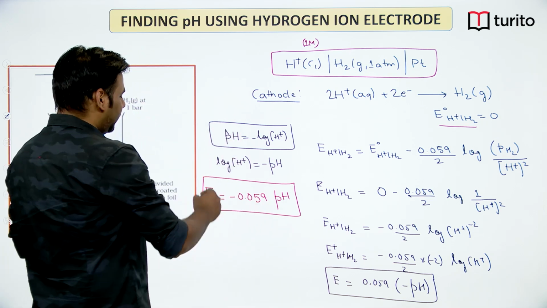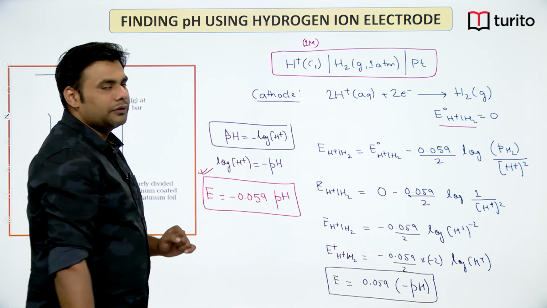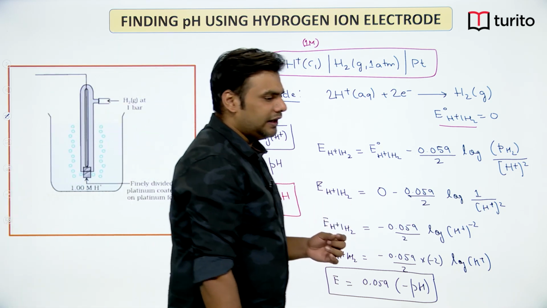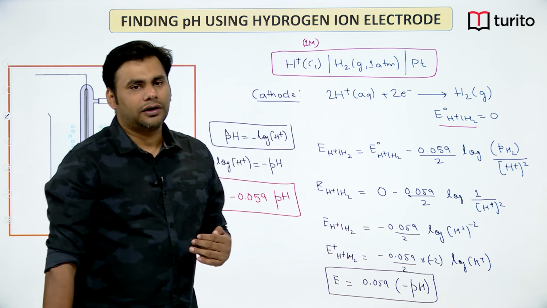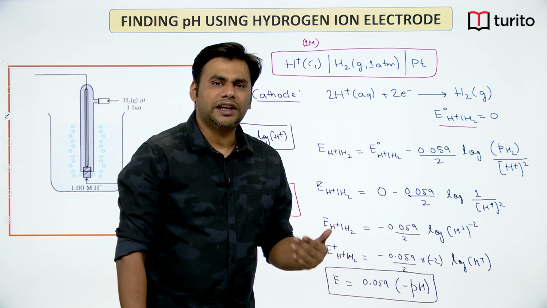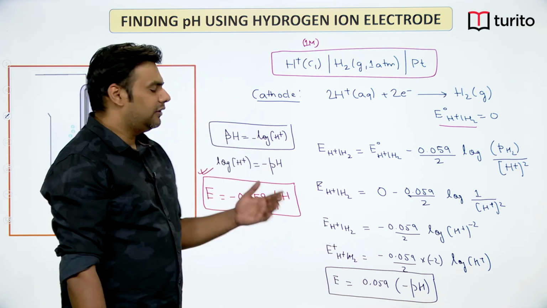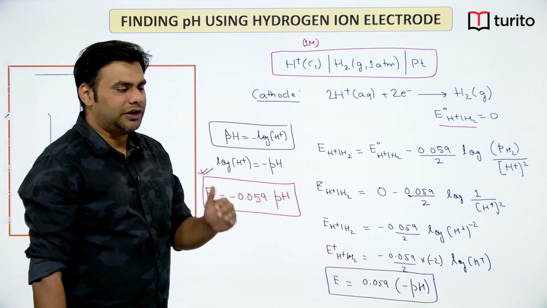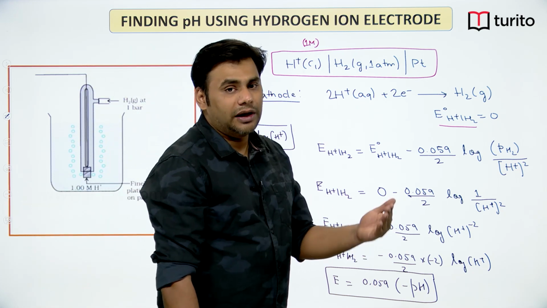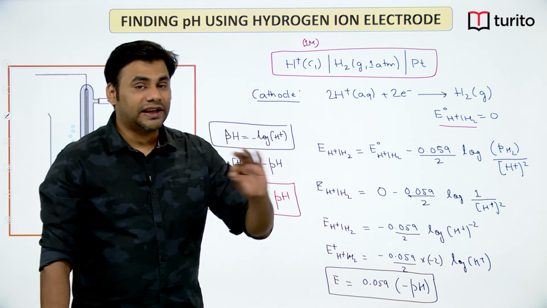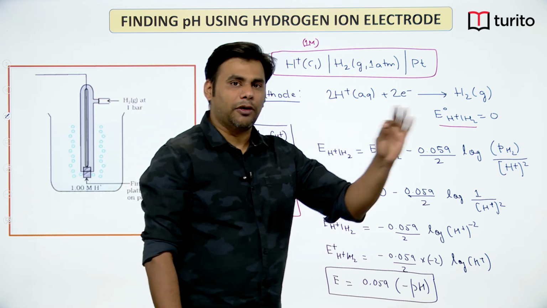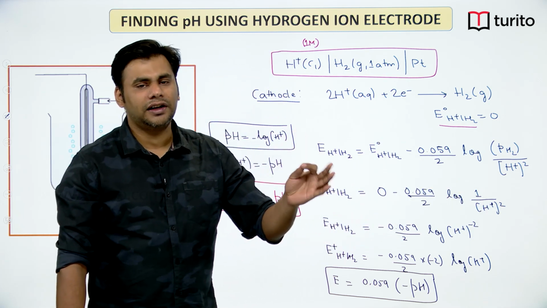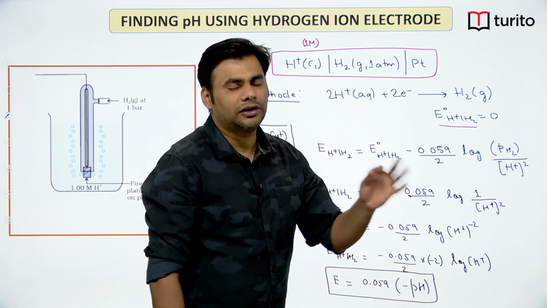So this is a very important expression. Suppose a question says find the pH of a hydrogen electrode whose EMF is minus 0.118. Nothing else has been written, only that the EMF is minus 0.118. So by default, EMF means it is the reduction EMF or the reduction potential.